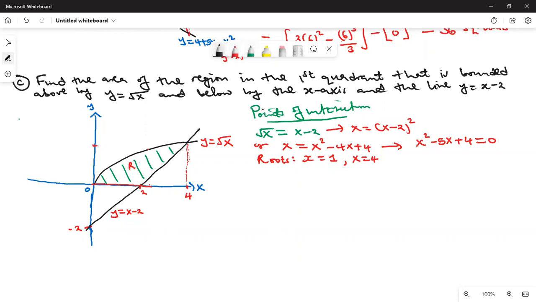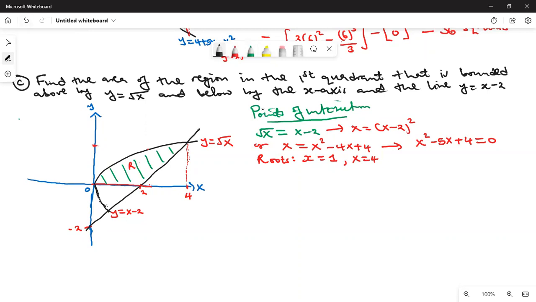When we extend this to this other side, they will still meet at some point here. That is what we are saying, 1. But we don't need this other extension because this will not satisfy our graph.